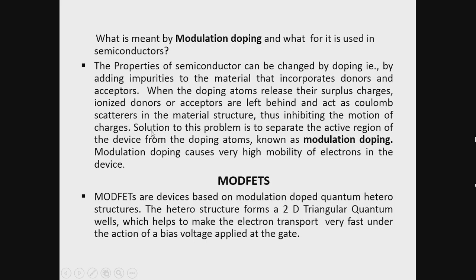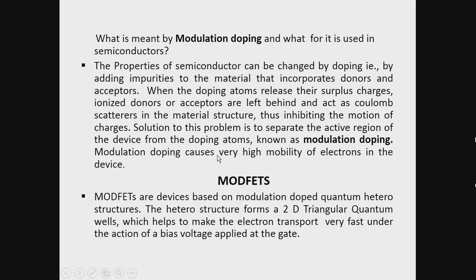What is the solution for this problem? The solution is to separate the active region of the device from the doping atoms, and this process is known as the modulation doping. So the modulation doping is the process of separating the active region of the device from the doping atoms.